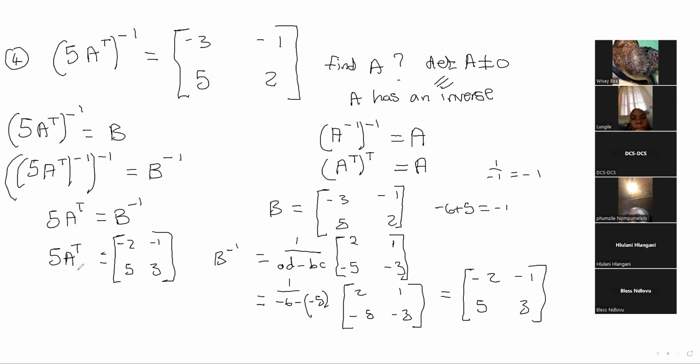Our goal is to be left with A. So we can just remove the 5 by dividing by 5 on both sides. So that will give us A T is equal to, dividing by 5 on both sides is the same as multiplying by 1 over 5, and minus 2, minus 1, 5, 3.